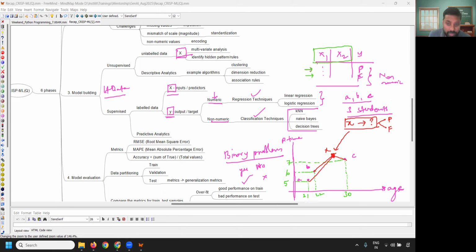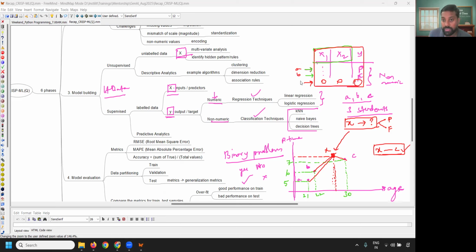Close to C. X is more close to C. That's right. From the diagram, from the age and the preparation time also, if you see, close to 7 hours and close to 30 years, so from that perspective, the features of X, we can say X is more close to C. So given this information, you will have to go back to the historical data and see whether C is pass or fail.